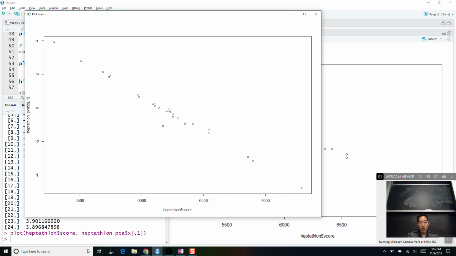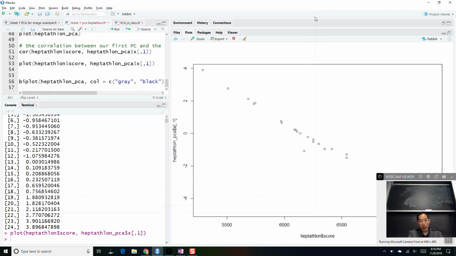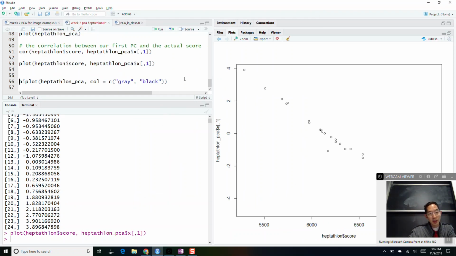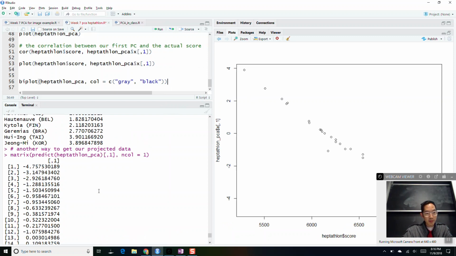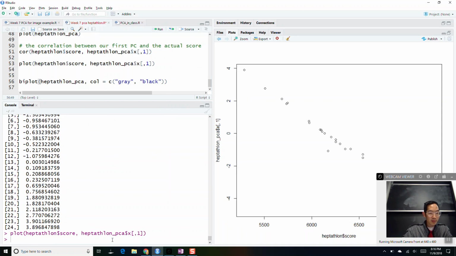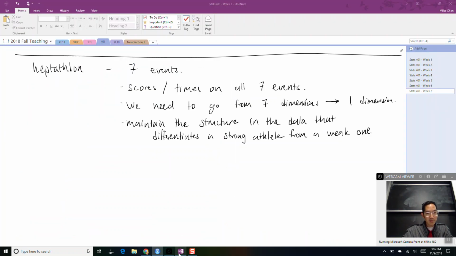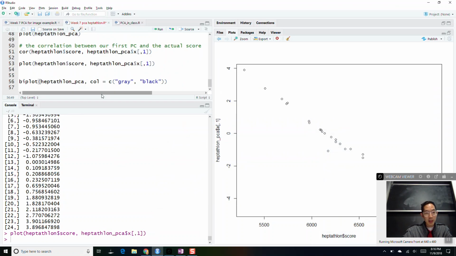There's maybe a little bit of disagreement in terms of these athletes in the middle, but as far as who's the best and who's the worst, there's very strong alignment there. So that's a good sign. Anyway, that's what we have.